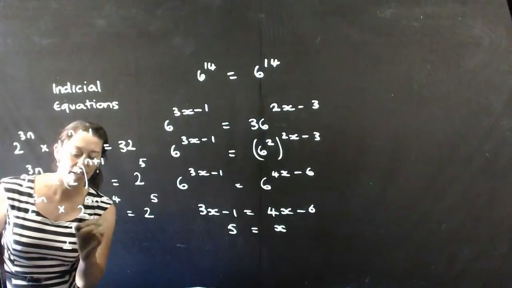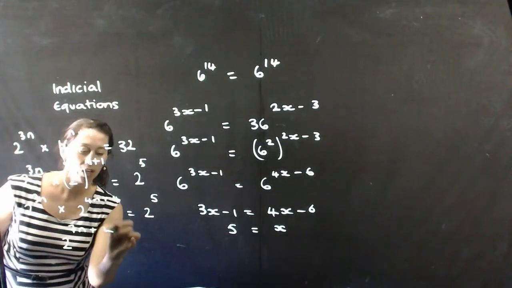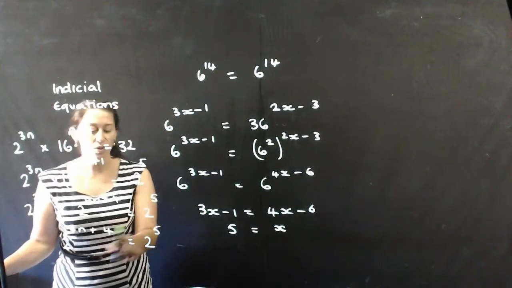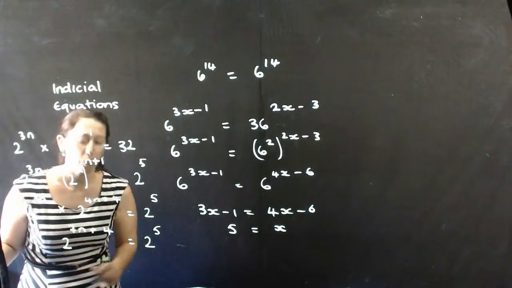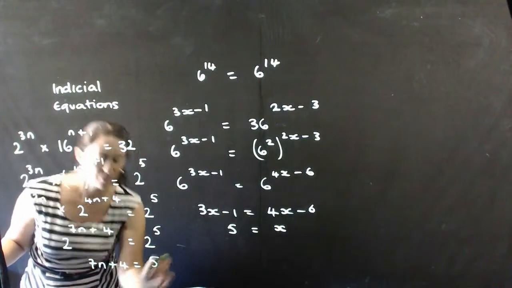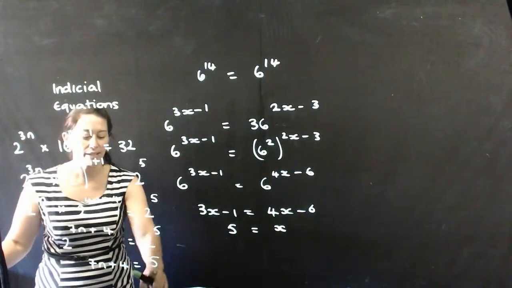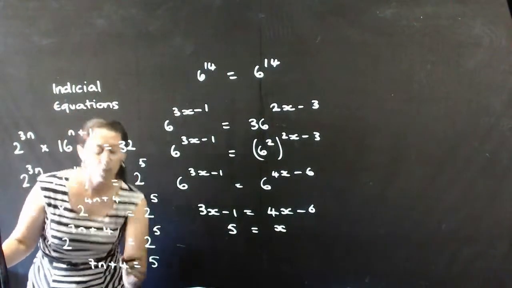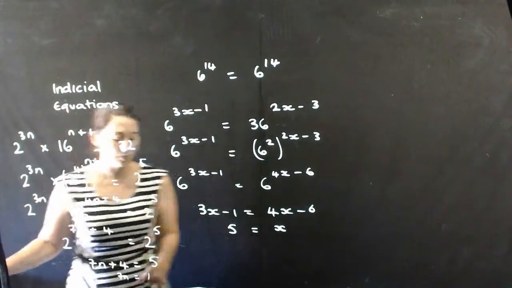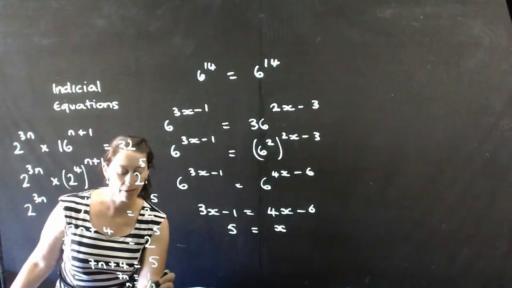So 2 to the power 7n plus 4 equals 2 to the power 5. Now that's left me with the same base. I can now equate the powers, so 7n plus 4 equals 5. Solving that, subtract 4 from 5, leaves me with 1, so 7n equals 1, so n must equal 1/7.